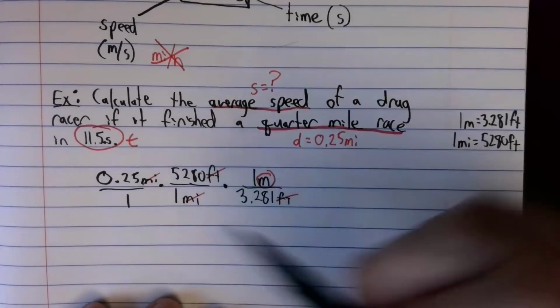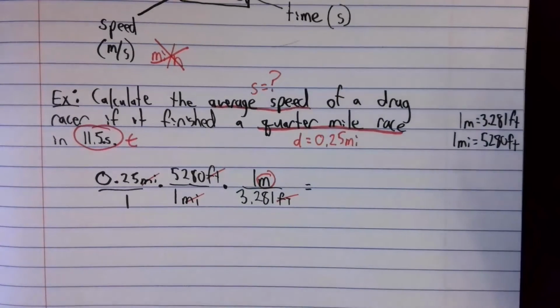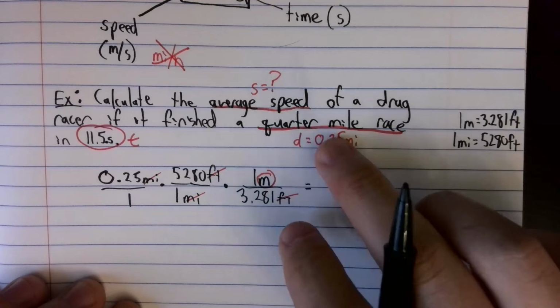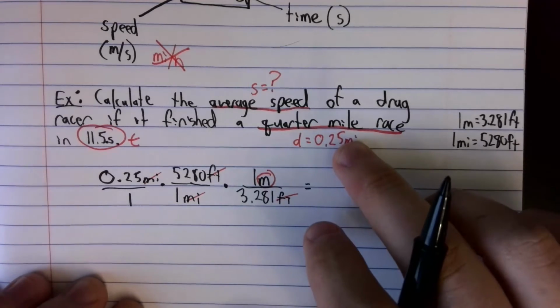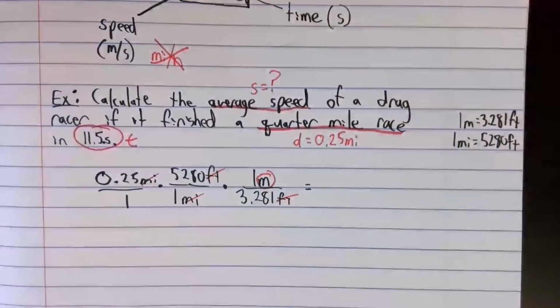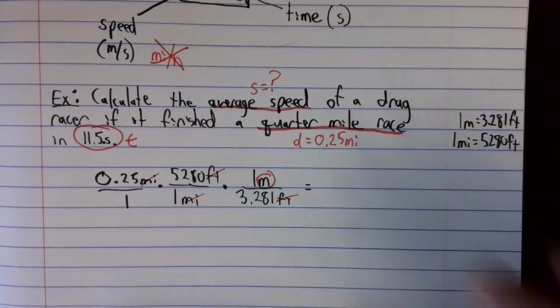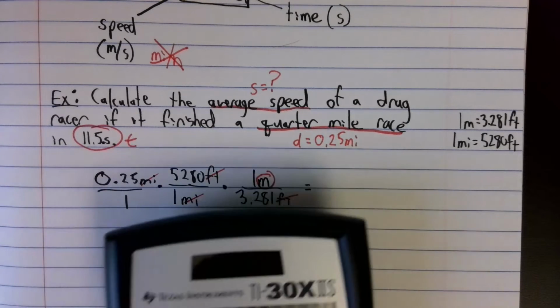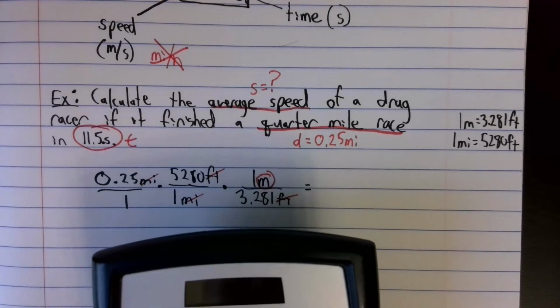If that conversion was a little fast for you to follow, that's okay. The main thing I want you to see is that distance is not supposed to be in miles. When we do calculations with distance, it's got to be in meters, as the equation says. So 0.25 times 5,280 divided by 3.281.